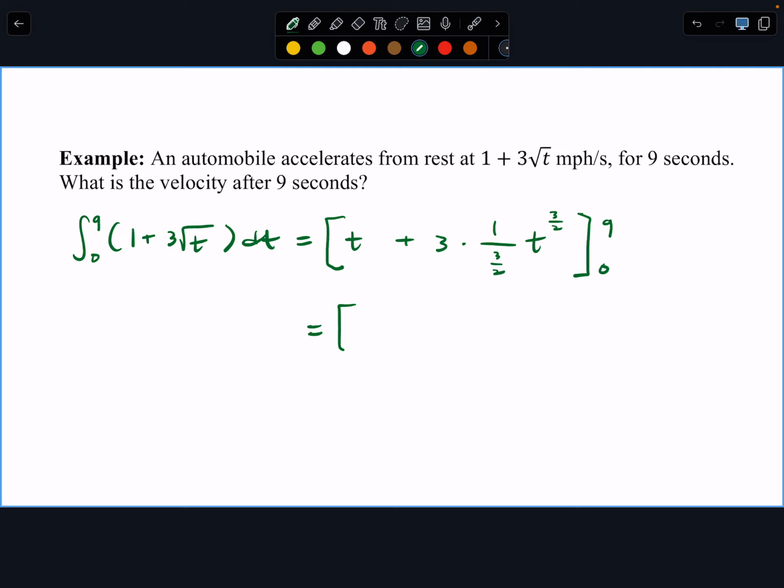I'm going to simplify that. So t plus 2 t to the 3 halves. So 9 plus 2 times 9 to the 3 halves power minus, that'll just be minus 0.